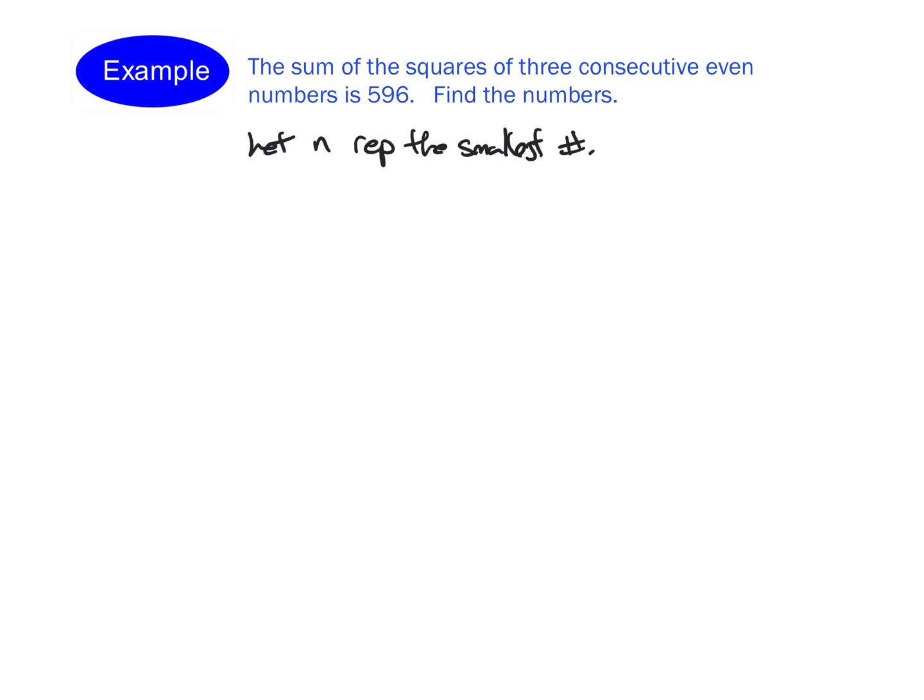You add 2. So let n plus 2 represent the middle number. And what would be the let statement for the largest number? Let n plus 4 represent the largest number. Beautiful.